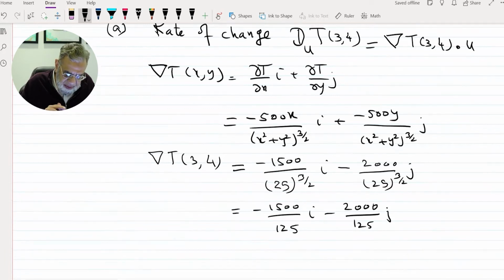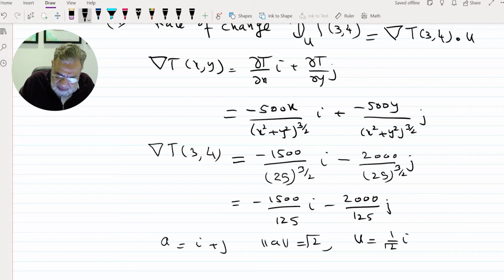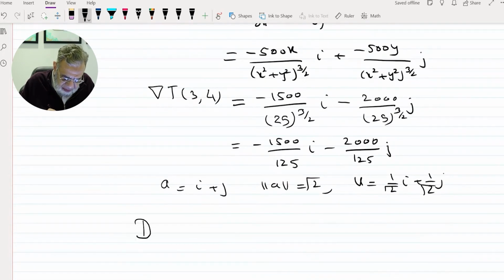Now I need my vector A, given to me as i plus j. So the magnitude of vector A is equal to root 2. I can get the unit vector equal to 1 by root 2 i plus 1 by root 2 j. So when I want to find the directional derivative of the function at the point (3, 4), it is equal to the gradient.